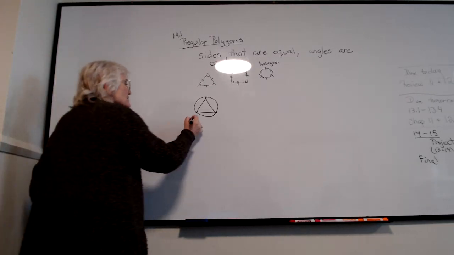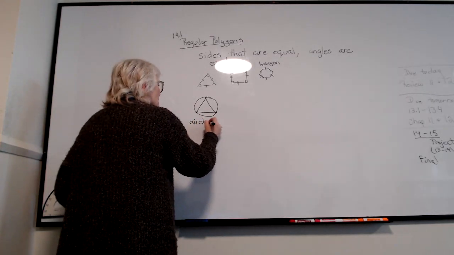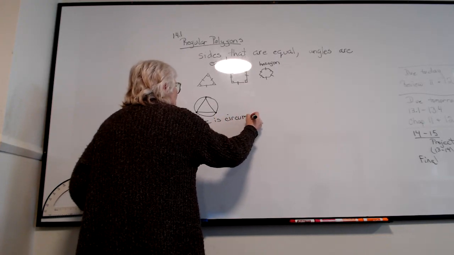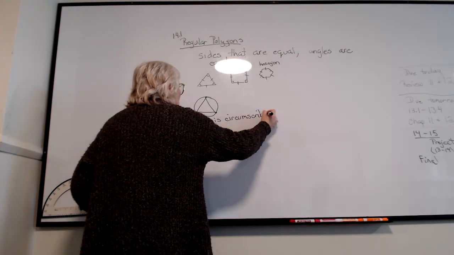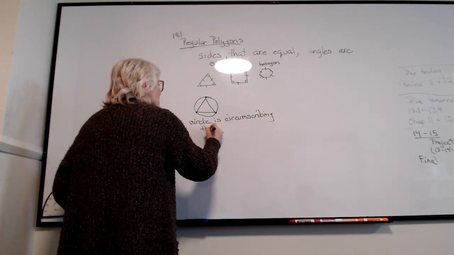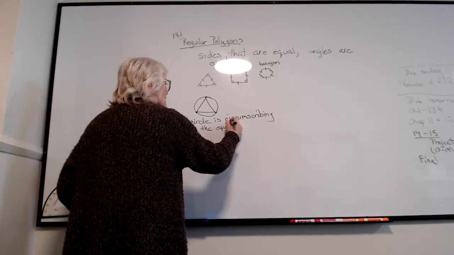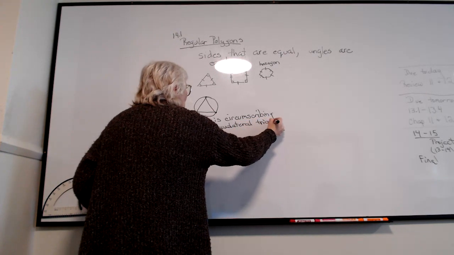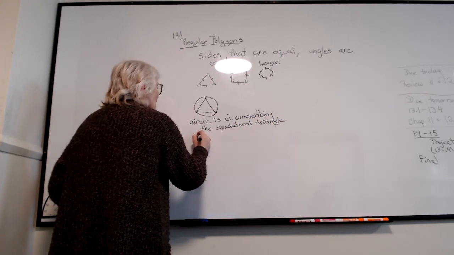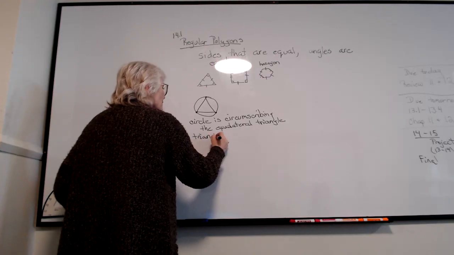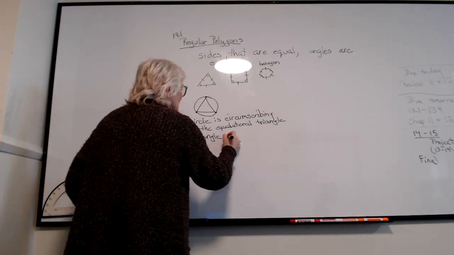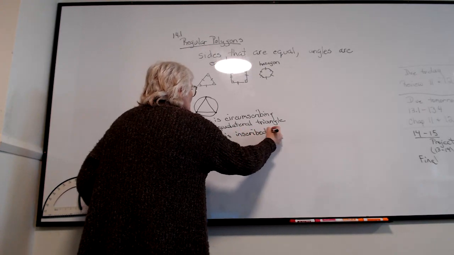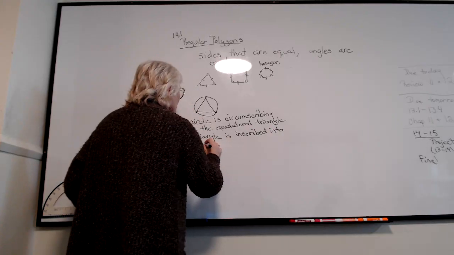So here the circle is circumscribing the equilateral triangle, and the triangle, just to review the words, is inscribed into the circle.